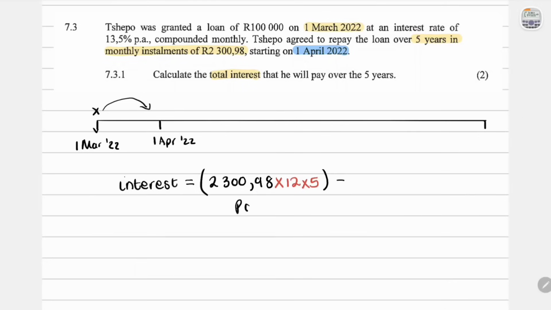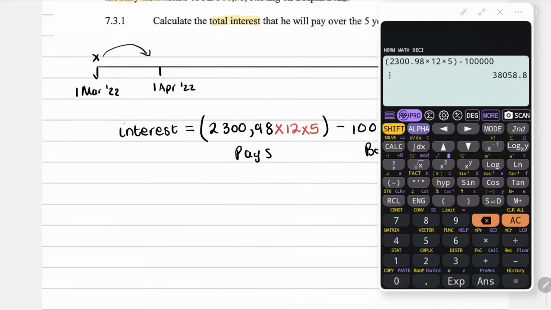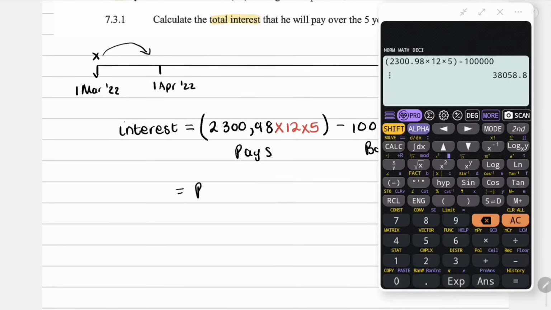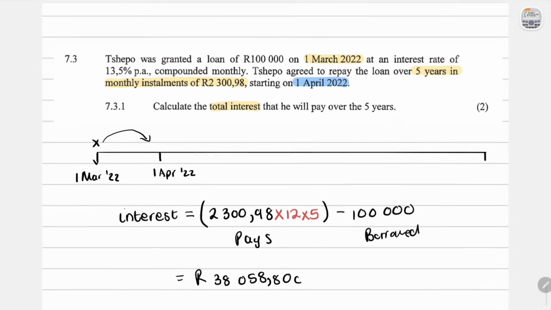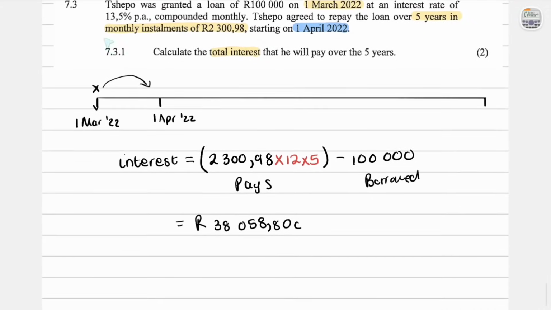So this is how much he pays back, and this is how much he borrowed, and the difference will be the interest. Okay, so that's minus 100,000 rand. Let's find that. And we can see that the interest will be 38,058.80 cents. So that is how much interest Tsepo is going to end up paying throughout these 5 years.